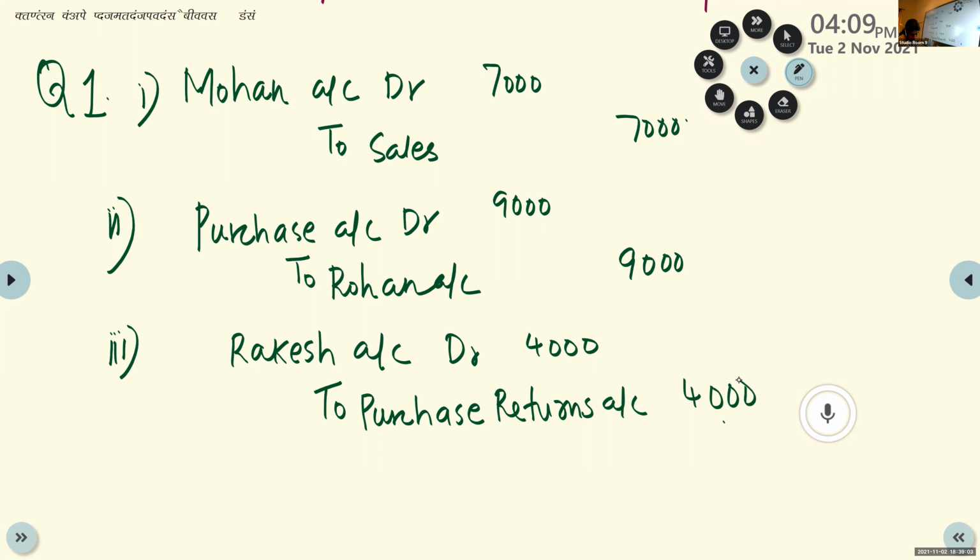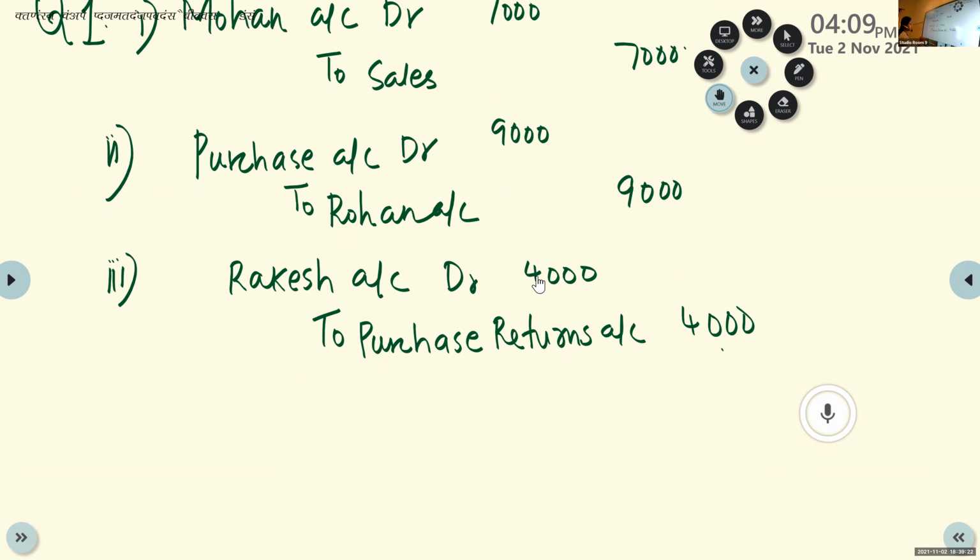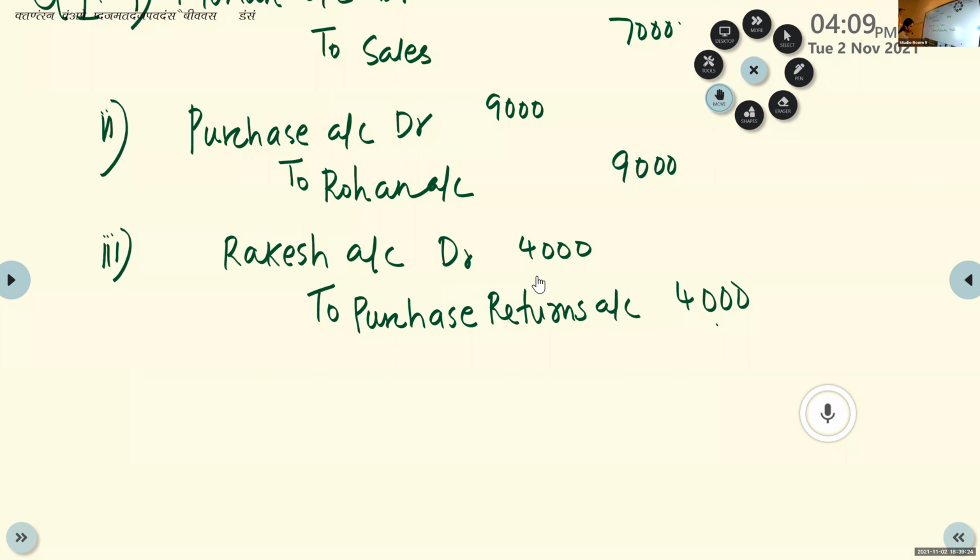See, goods returned from Mahesh. Mahesh has returned something to the business. That means it is, what is it? Sales return. Okay. Mahesh is returning something to the business. That means the business had sold something to Mahesh. And think of sales. Sales is always credit.